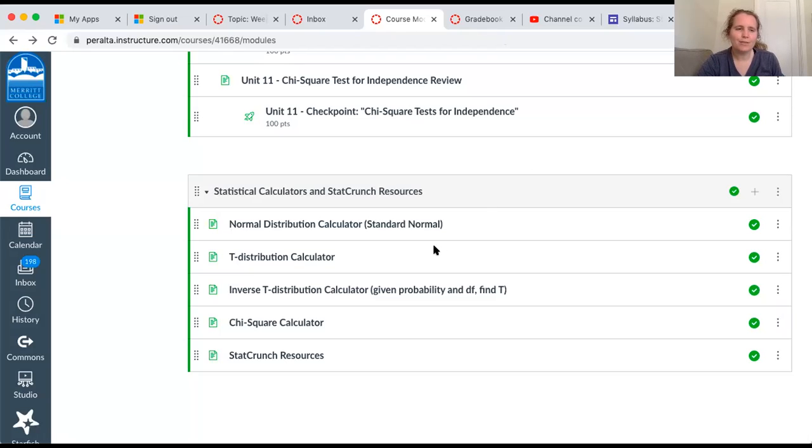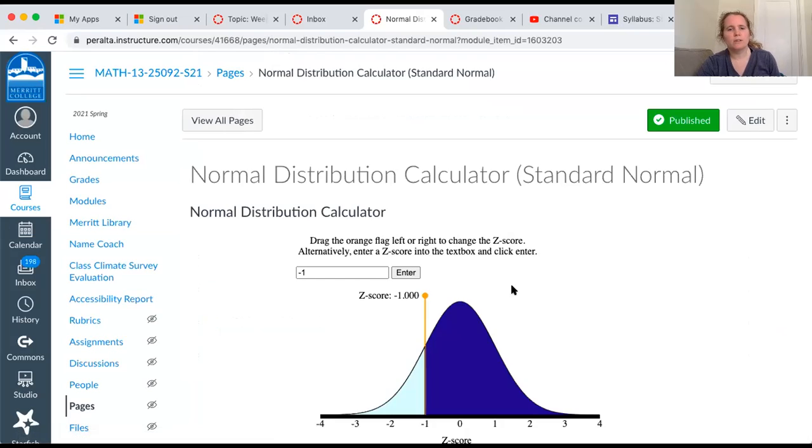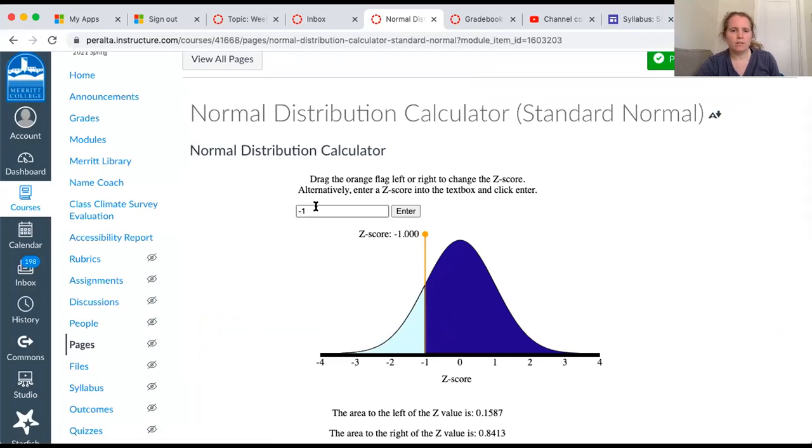Forgot to pause the video for a moment there. Okay, so if we go to the end of modules, the normal distribution calculator is at the very end of our modules. We go over to our normal distribution calculator. We have a z-score of negative 2.83 and hit enter.